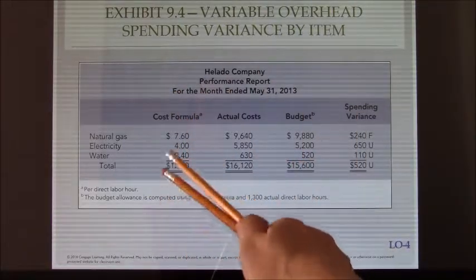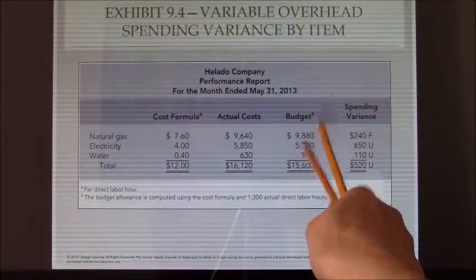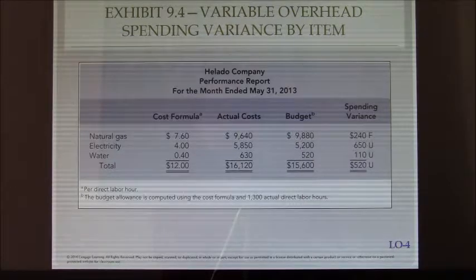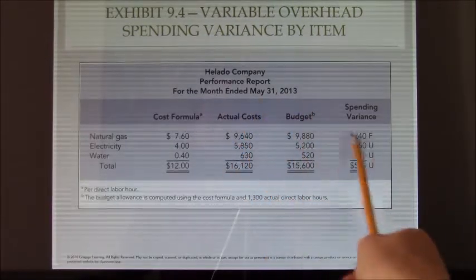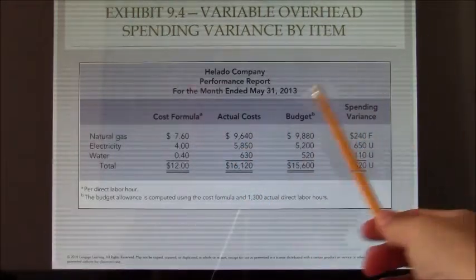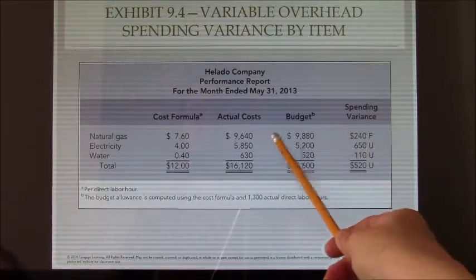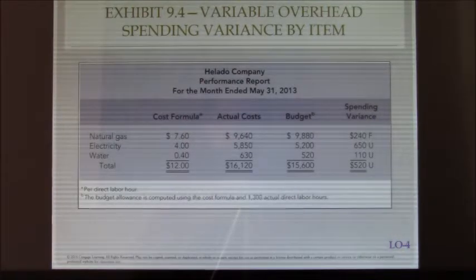And so according to the budget we ended up with that, but what we actually spent was this. We calculated this, we actually spent this, the difference is, and again, favorable versus unfavorable. We actually spent less than we budgeted, so that's favorable, income increasing. Here we spent more, here we spent more, so unfavorable.